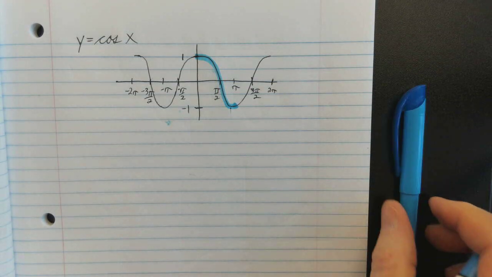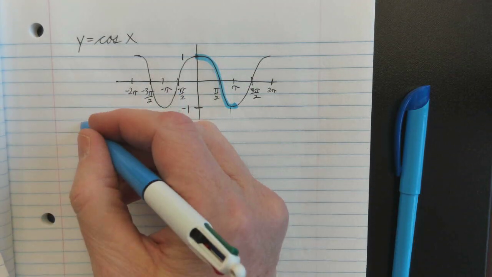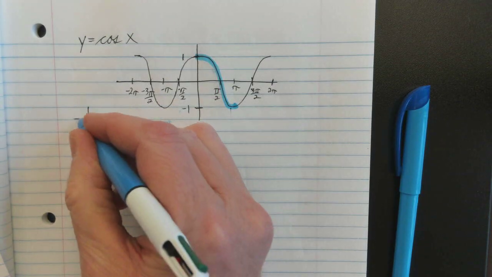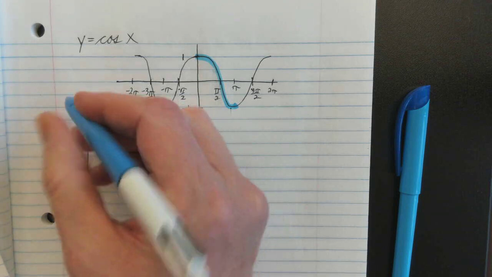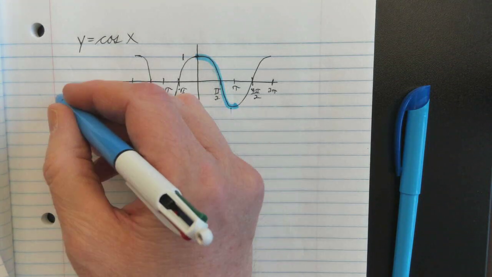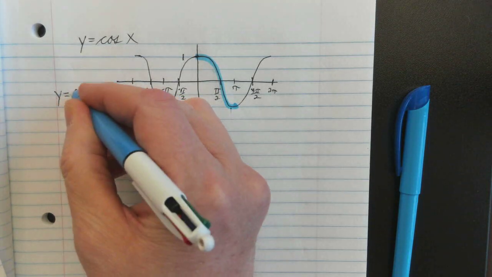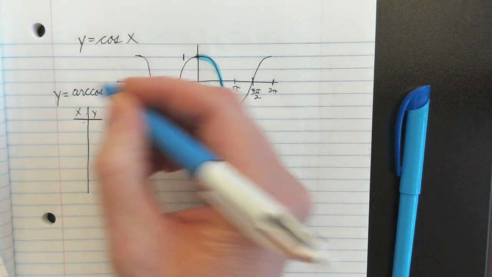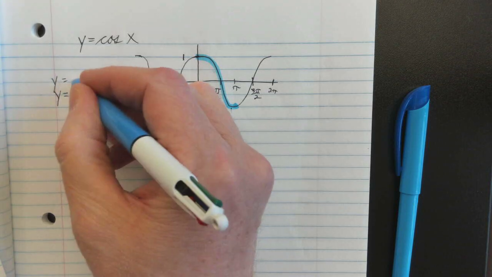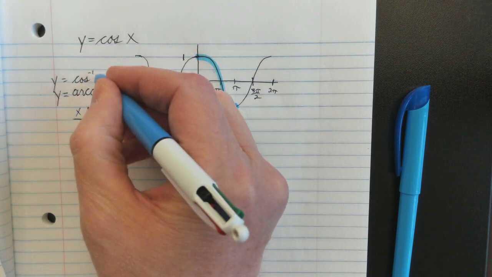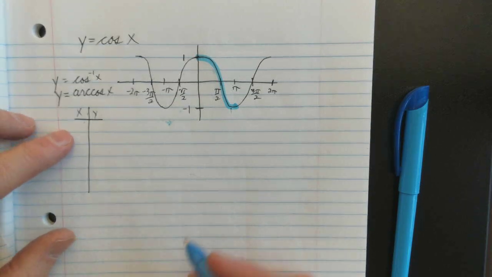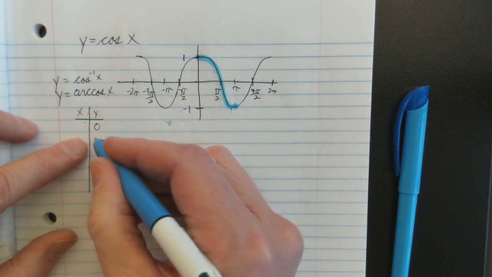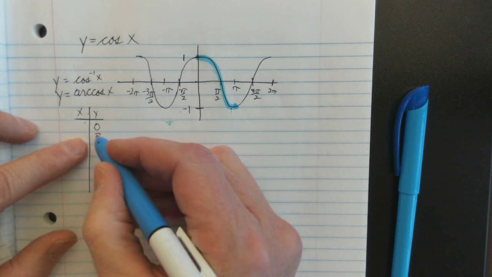Now, I'm going to try to do this without making the first table, and I may be sorry. But arc cosine x, or inverse cosine x. All right? Now my x goes from 0 to pi, right? I'm going to go 0, so I'm making that the y on this.